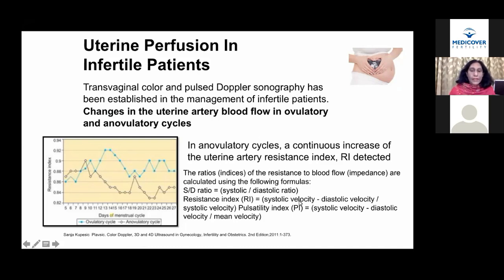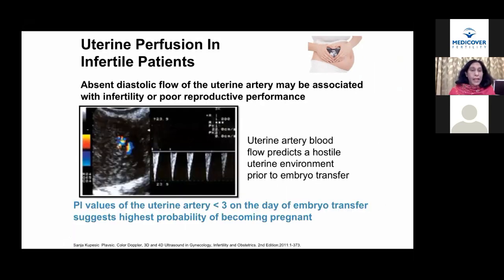There are different indexes in the machine software also, where you can calculate the resistance index, which is systolic velocity minus diastolic velocity over systolic velocity, and the pulsatility index can also be calculated. If there is an absent diastolic flow of the uterine artery, that is associated with infertility or poor reproductive performance.